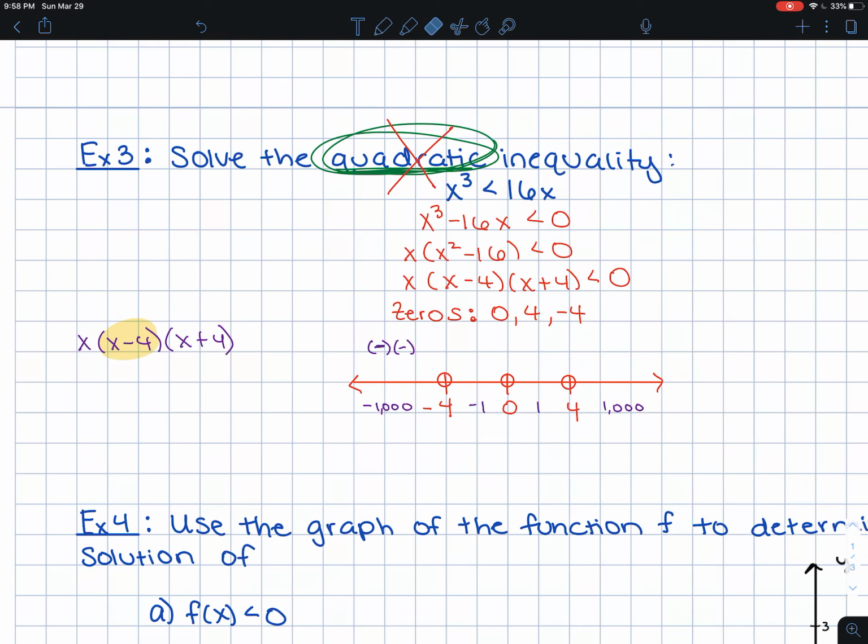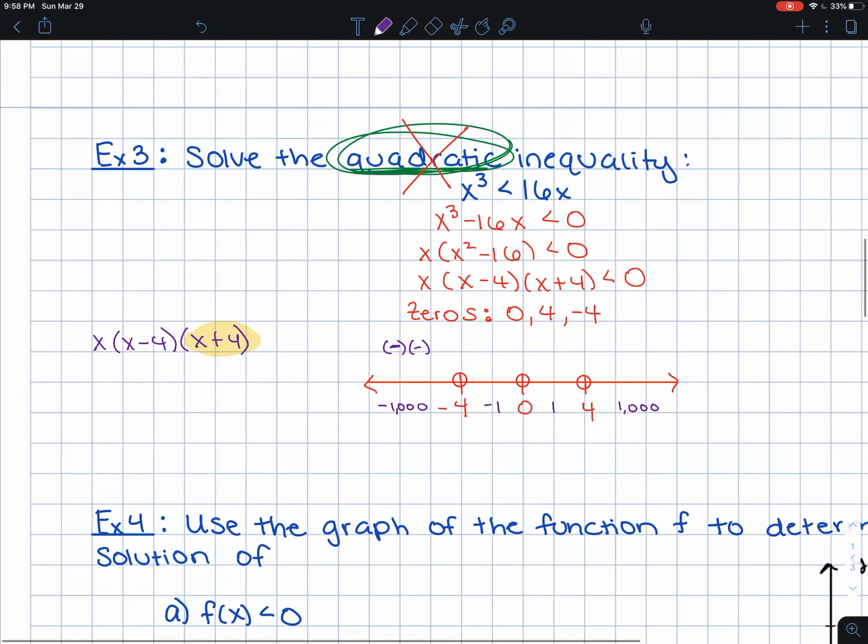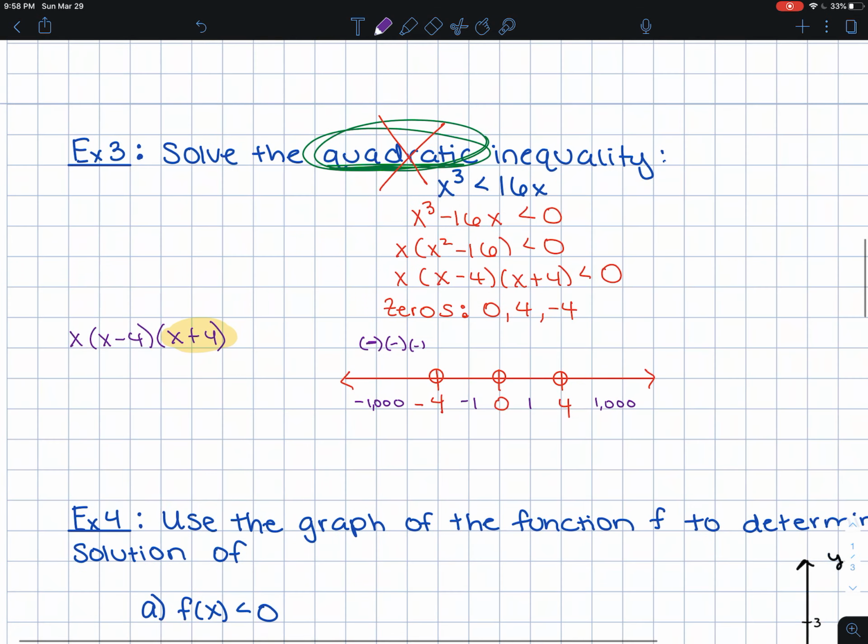And then finally, I'm going to plug in the negative 1,000 into the x plus 4 factor. And negative 1,000 plus 4 is once again negative. Now we're ready to multiply those negative signs. So negative times a negative is a positive, times a negative is a negative. Therefore, in the first interval, we're going to get negative solutions.